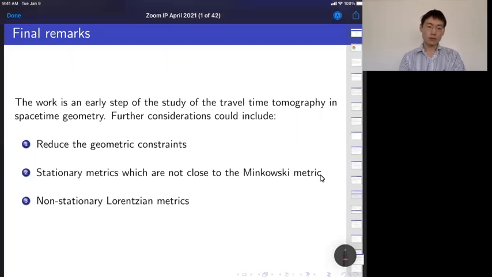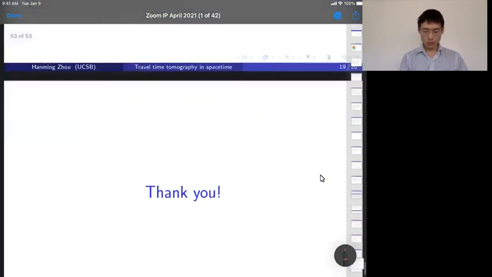For that case, as I said, if the metric also depends on the time direction, then one might need to impose some other type of assumptions, because from what we know, one cannot recover all the singularities from the microlocal point of view. So it might be necessary to impose additional assumptions so that one can treat the non-stationary case. So I think that's all my talk.